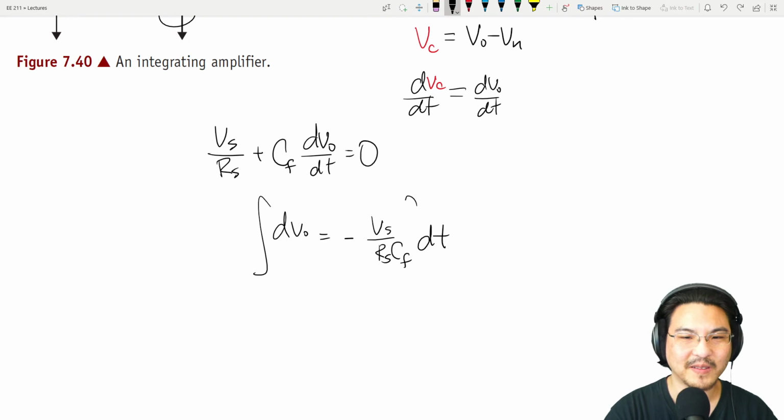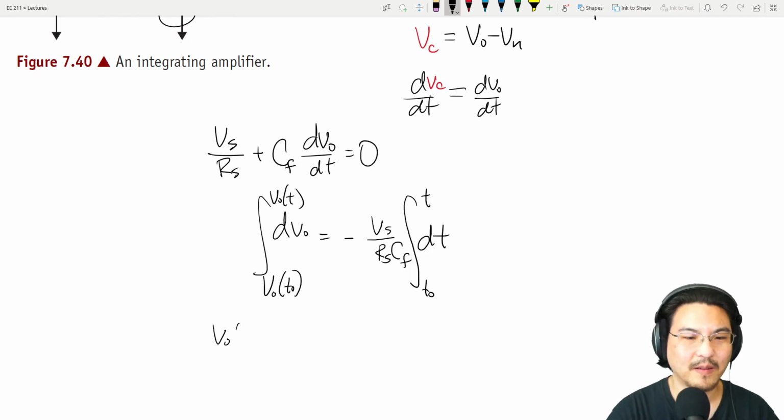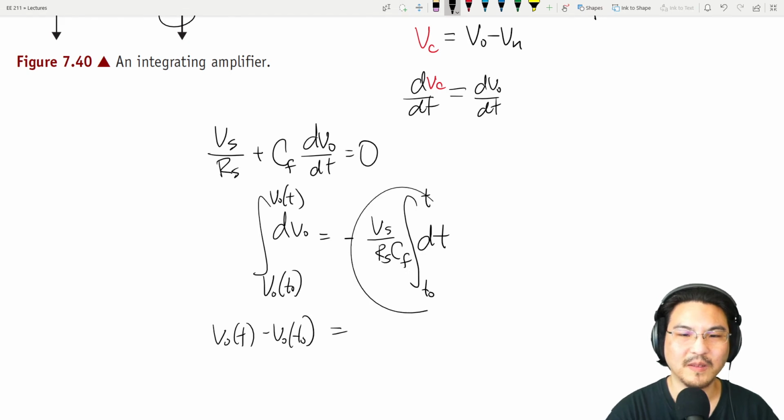This is all constant, so I'll take it out of the integral. So from t naught to t, from v at t naught to v at some t. All right, so integrate this. Equals, and then here.